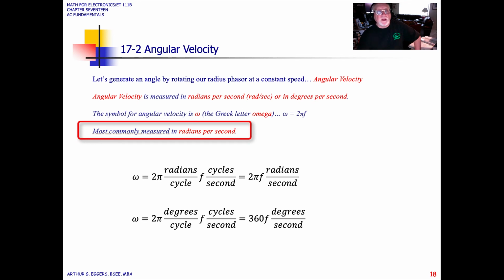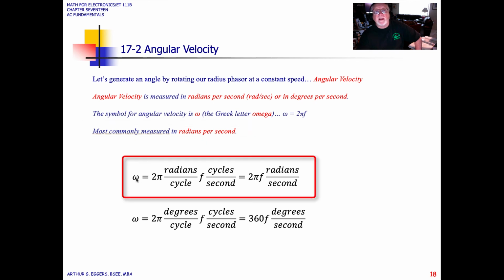If we look below here, we can see that we have two definitions of omega, the angular velocity. 2 pi radians per cycle times frequency, cycles per second, gives us 2 pi f, which is in radians per second. We can draw the same sort of relationship with degrees.